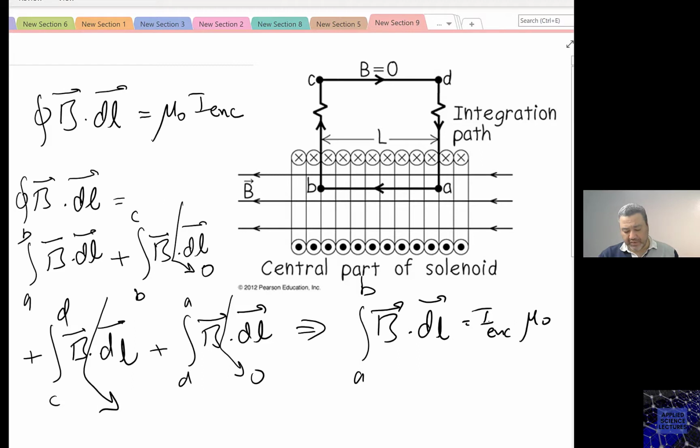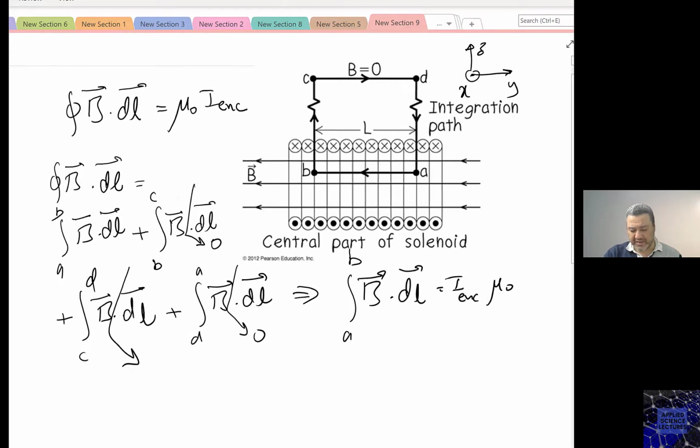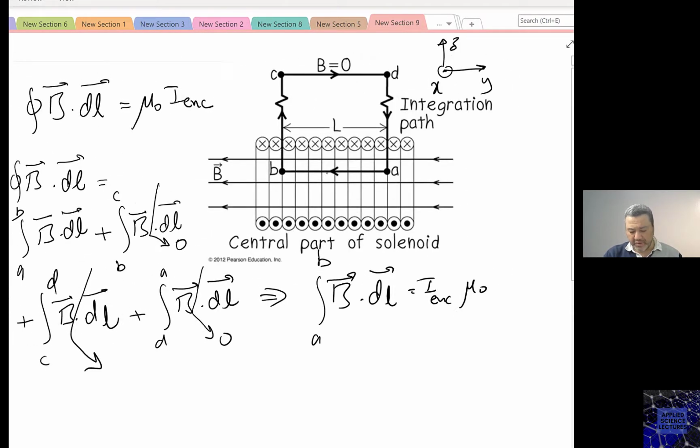Now, if I have my coordinates as y, x, and then this is z, in this case I can see that the magnetic field B is going in the minus j hat direction, and I also have the differential element dl as a vector also pointing in the minus j hat.